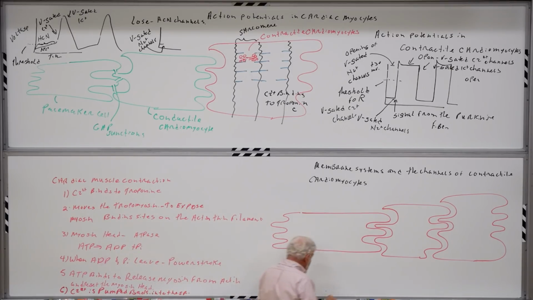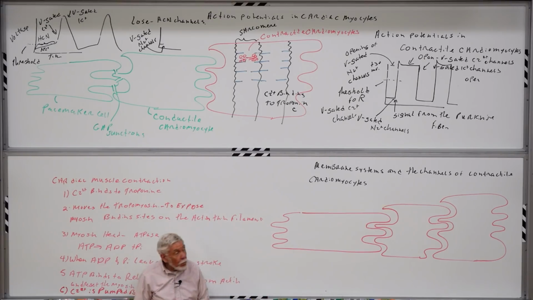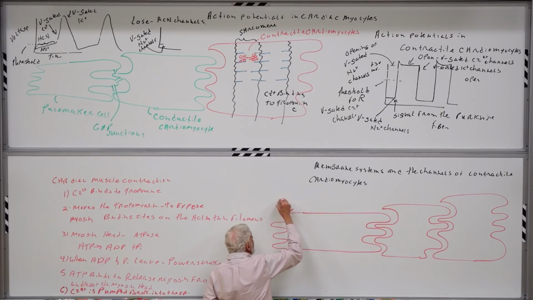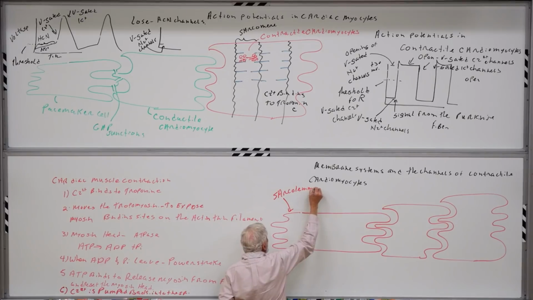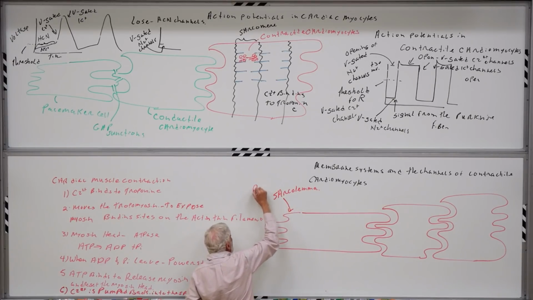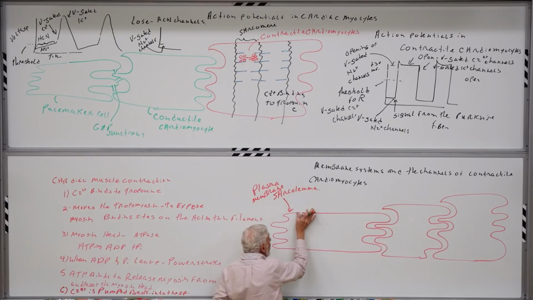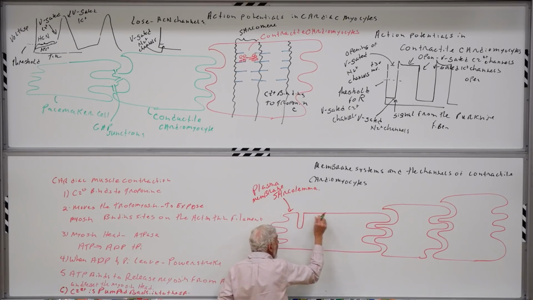Now, if we remember back to the discussion of skeletal muscle, you'll remember that we had a name for the plasma membrane. We called that the sarcolemma. That's true here as well. This is just the plasma membrane. You'll remember, too, that there were extensions of the plasma membrane that would dive down into the cell.